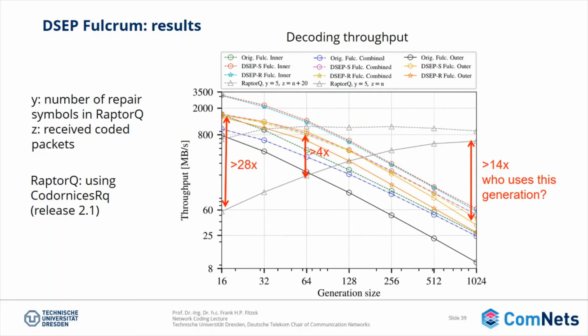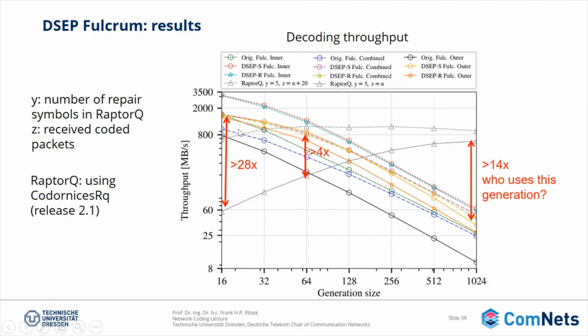Here is the decoding throughput of DSEP compared to RaptorQ. Similar to encoding throughput, the DSEP decoder also achieves substantially higher throughput than RaptorQ for small generations. For the case of n plus 20 here, RaptorQ achieves higher throughput but still lower than DSEP.